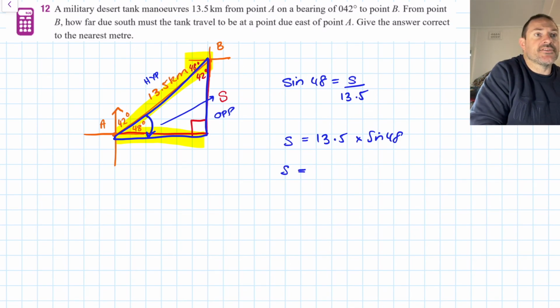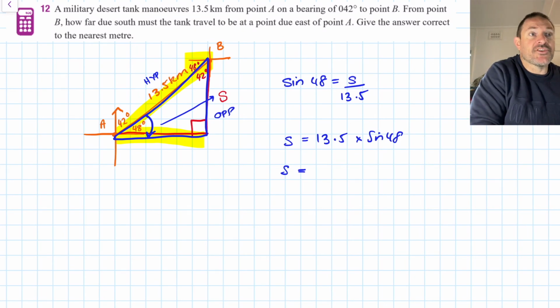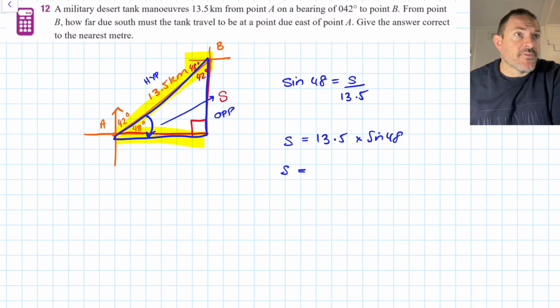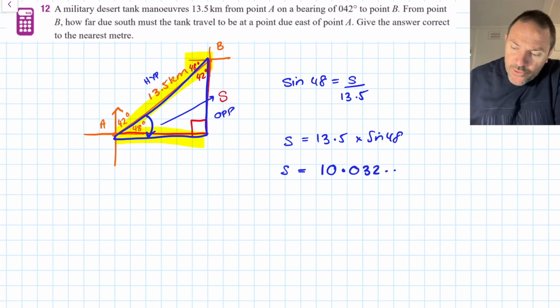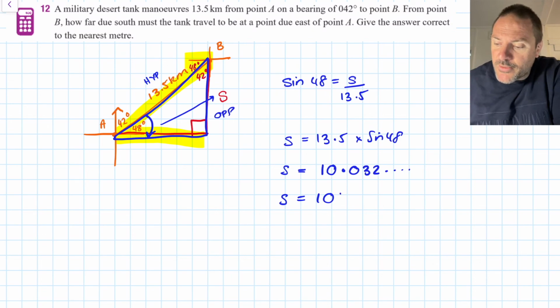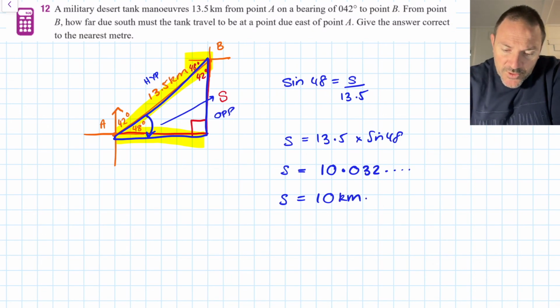It's not that difficult, but it's all about how you get your diagram. Some of the questions, particularly for non-right-angled trig later on, are a little bit hairy in terms of actually drawing the diagram. 10.032 dot dot dot, but we want to the nearest meter, so the nearest kilometer, 10 kilometers. Oh, actually, no, it wants the nearest meter, doesn't it?